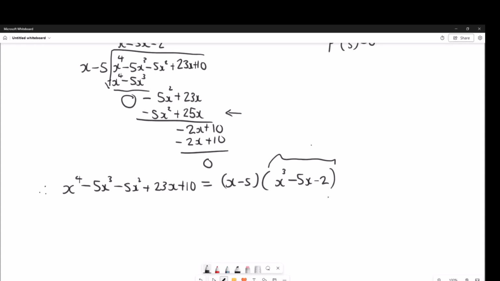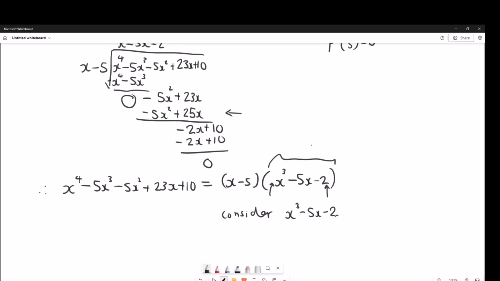Now we use the rational zeros theorem again. There's the a n, it's 1. So the factors of 1 are plus or minus 1. And the factors of minus 2 are plus or minus 2. So again, consider x cubed minus 5x minus 2.